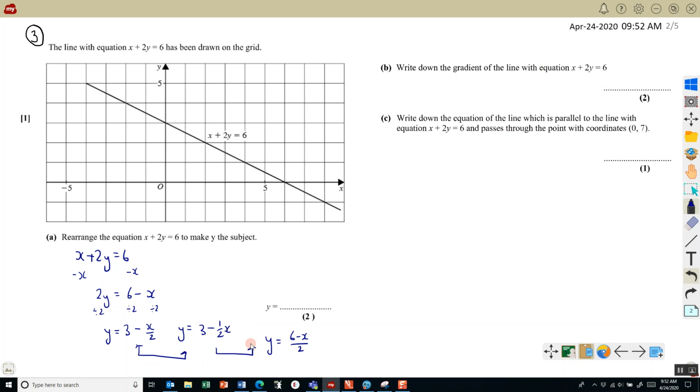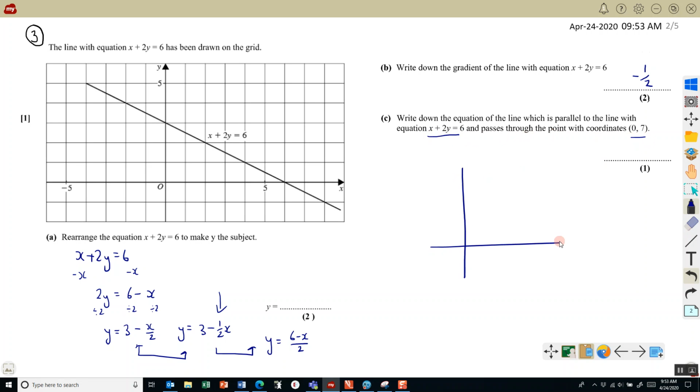Part B, write down the gradient. So the gradient is the number in front of x. Probably easiest to see on this one. What is the number in front of x? Minus a half. And write down the equation of the line which is parallel to the line with this equation and passes through the point 0, 7.